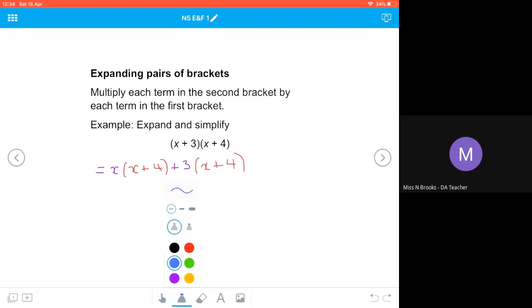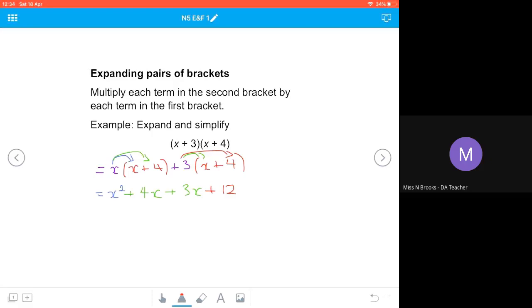So x multiplied by x gives us x squared, and x multiplied by +4 is going to give us a +4x. Then +3 multiplied by x is going to give us a +3x. And then finally, +3 multiplied by +4 is going to give us +12.